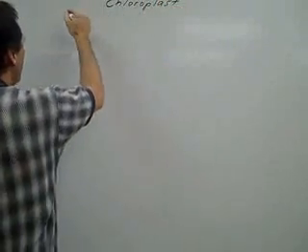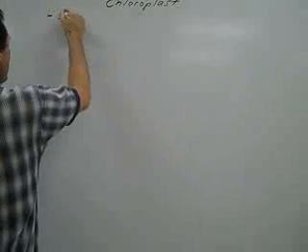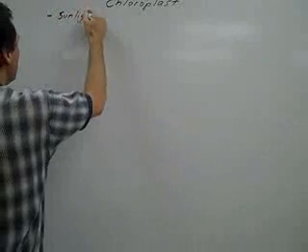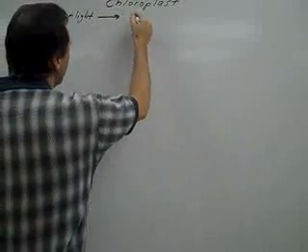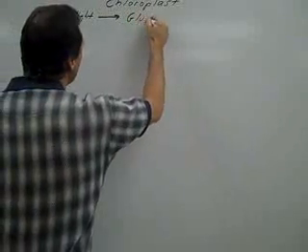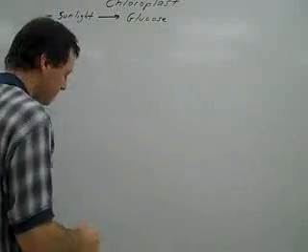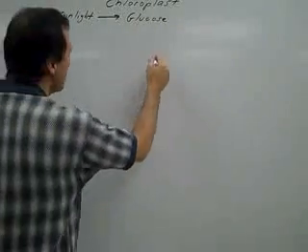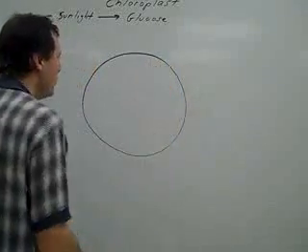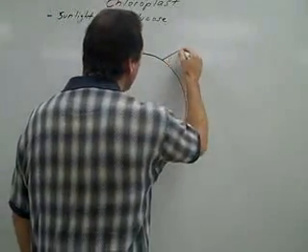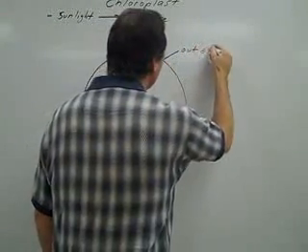Again, the job of a chloroplast is to take the energy of sunlight and store that energy in the chemical bonds of glucose. Now, chloroplasts are typically round, however they can be oval. This is going to be the outer chloroplast membrane.